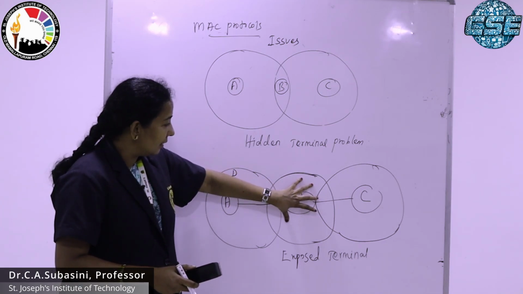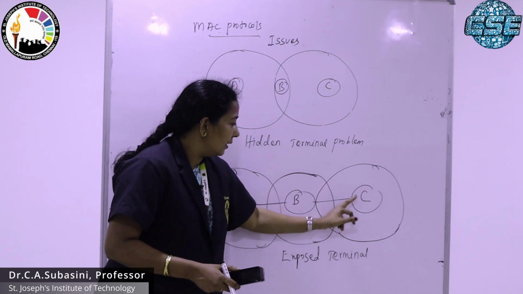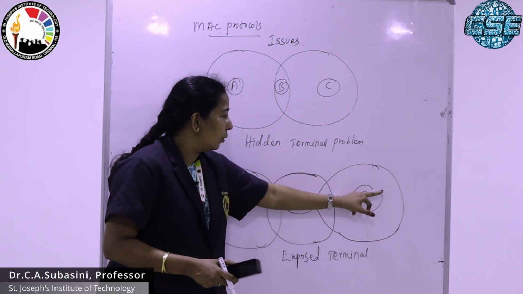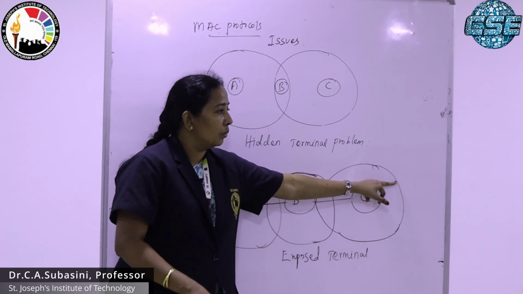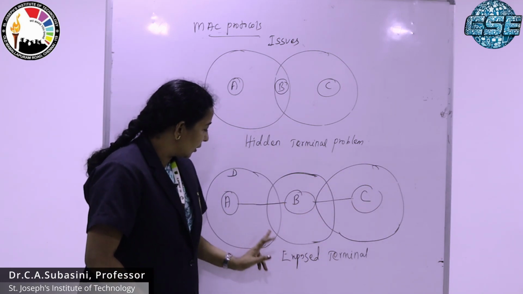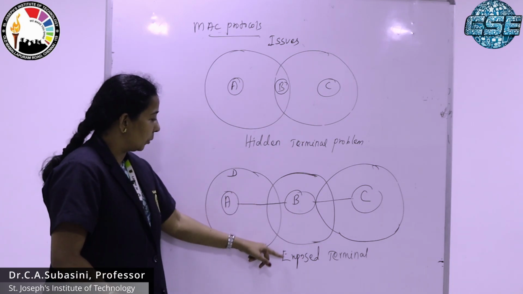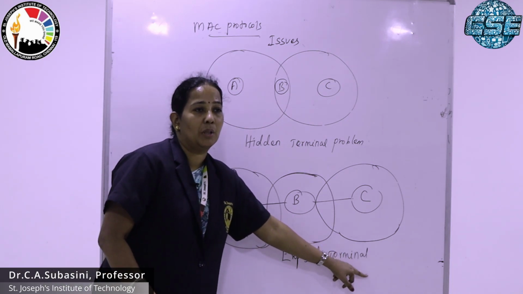In that situation, C is exposed to A. That kind of problem is the exposed terminal problem.